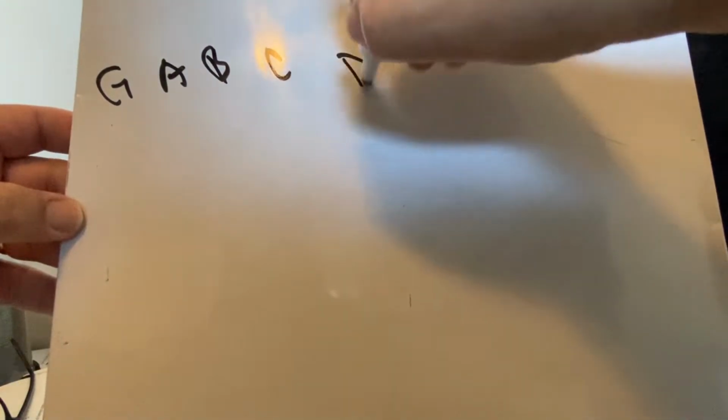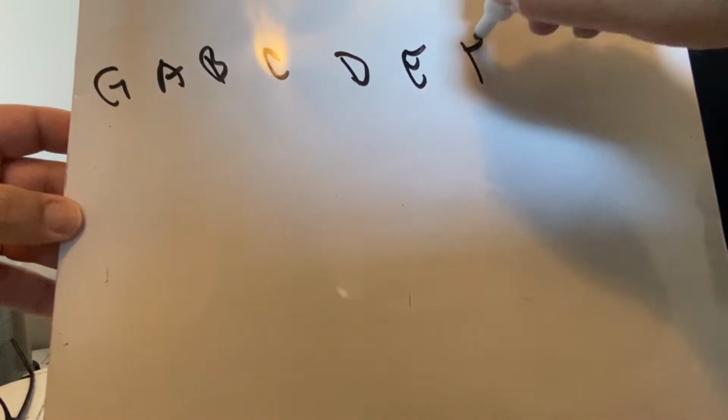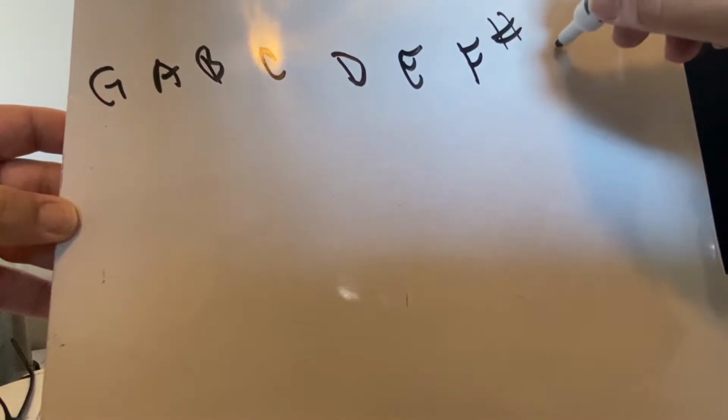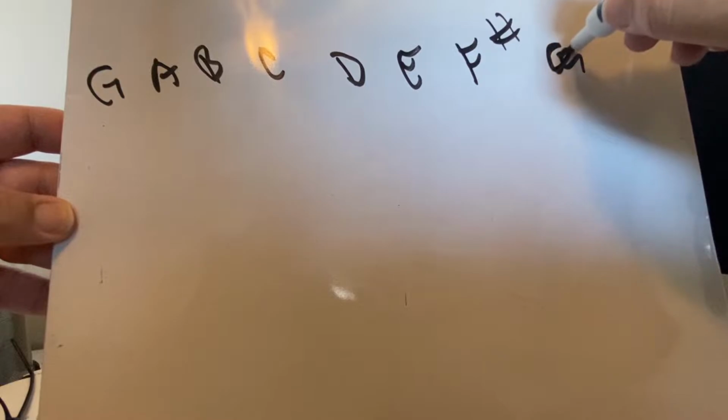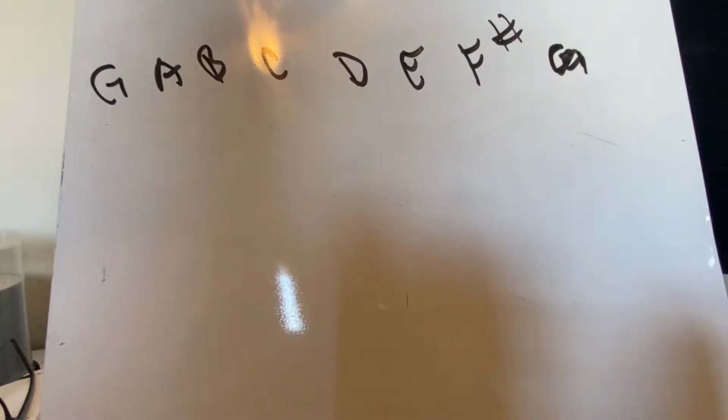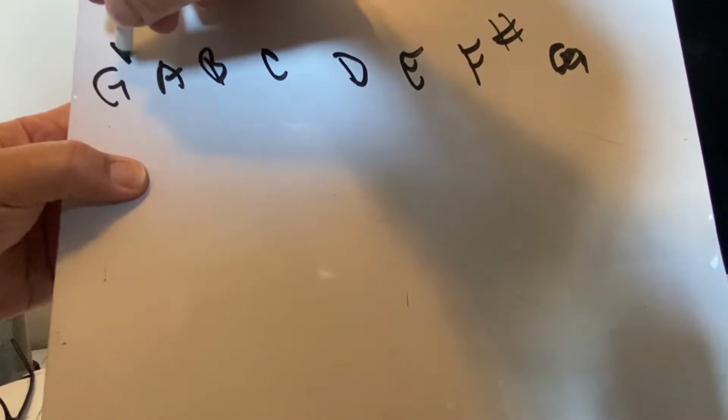Sticking with the key of G and getting to the chords of the scale, we still have to look at intervals. So, let's look at the G scale again. G, A, B, C, D, E, F sharp, and G. And we're looking at intervals, so between G and A, we have a whole step.